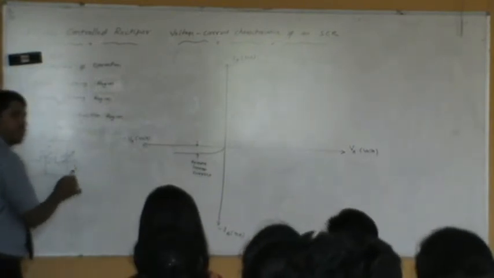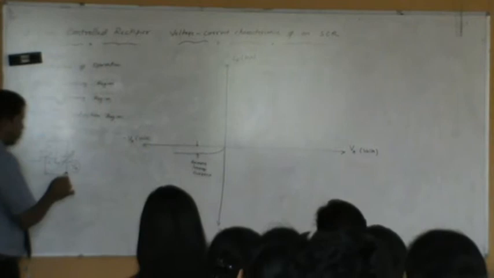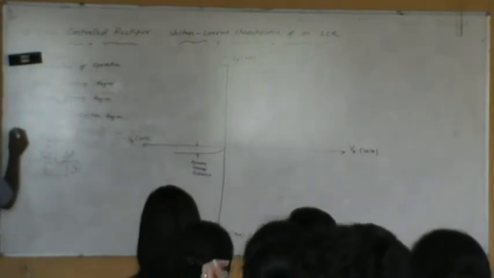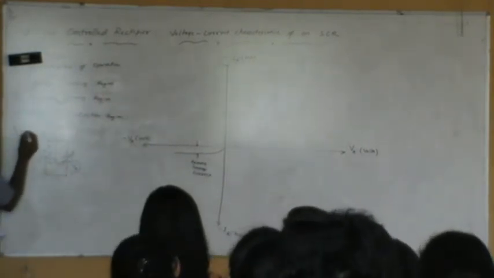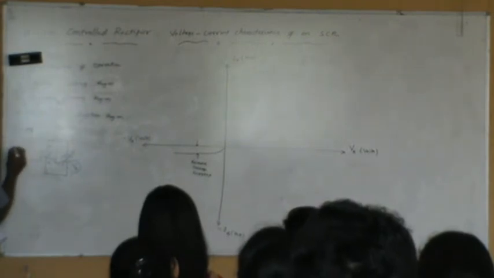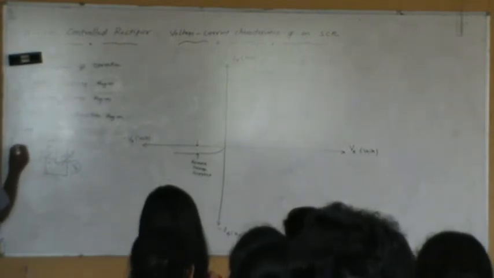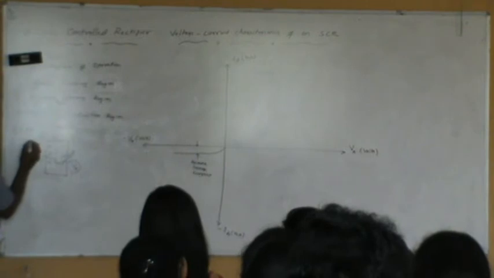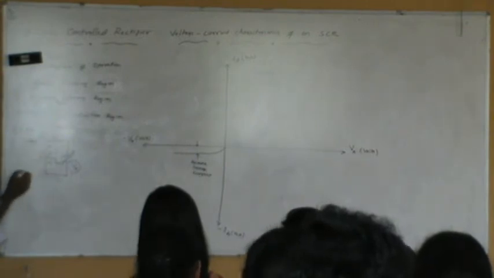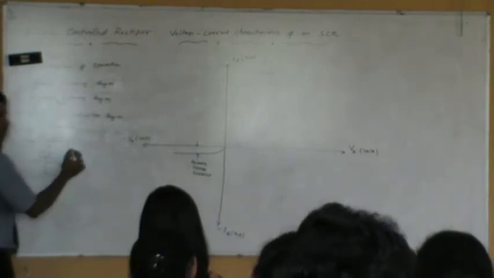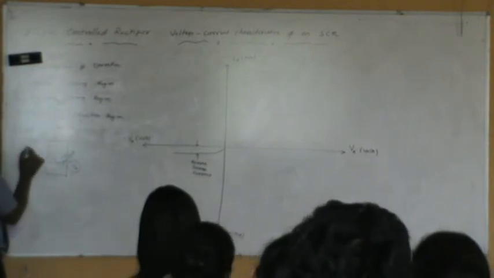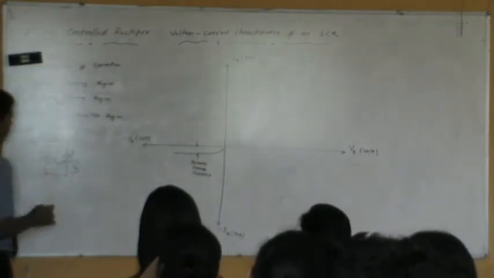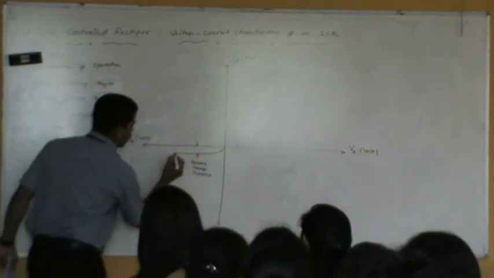But when this is made larger, the junction J2 is forward biased anyway, not a problem. But look at J1 as well as J3, which are reverse biased. If you apply a larger reverse voltage here, these two junctions may break down, and because of that, a large current will result.